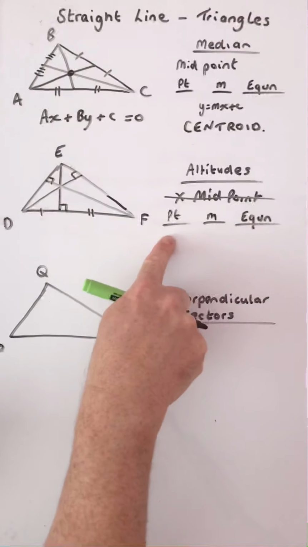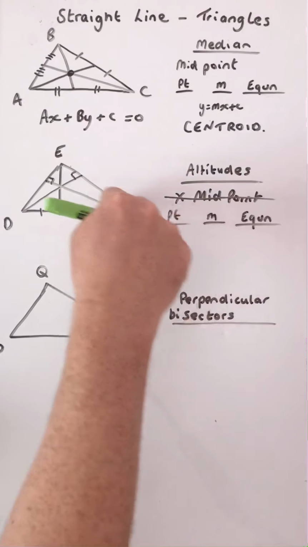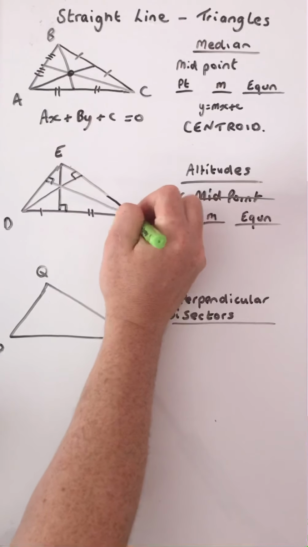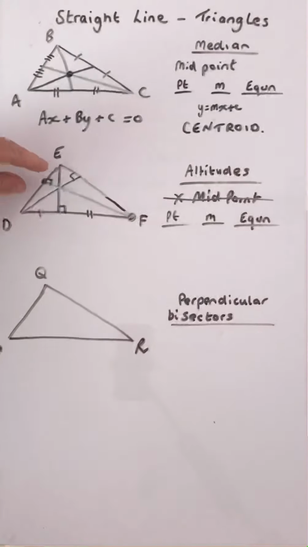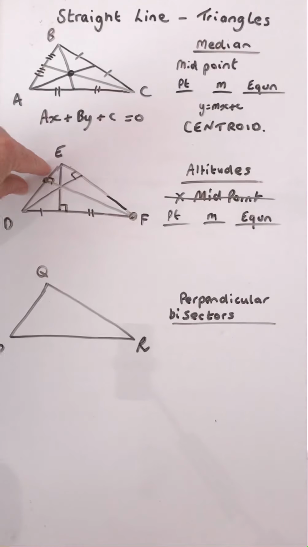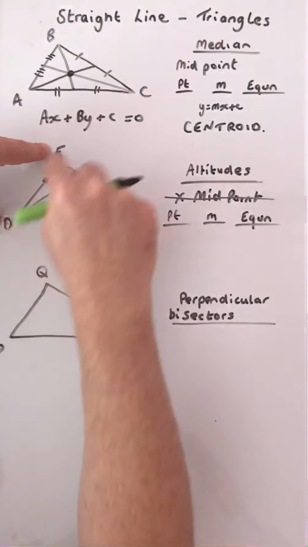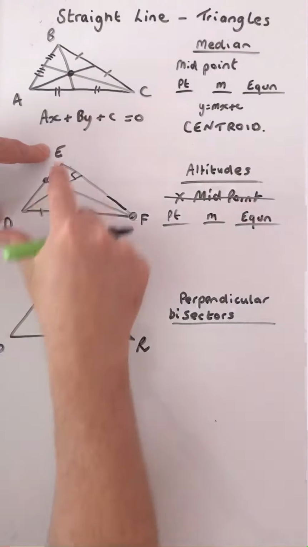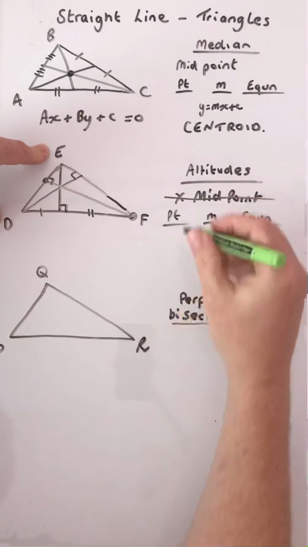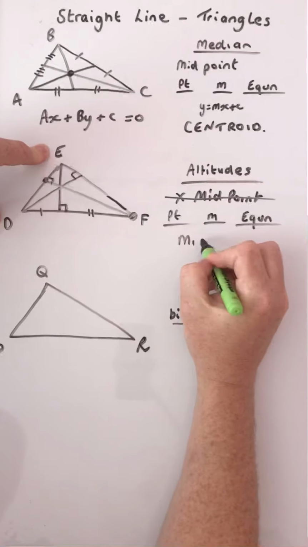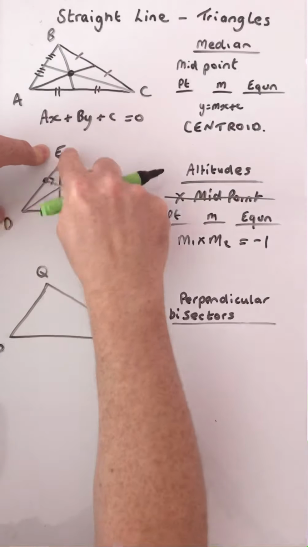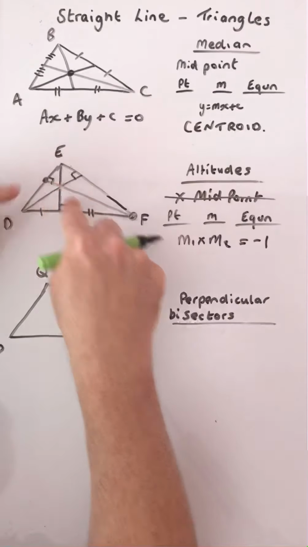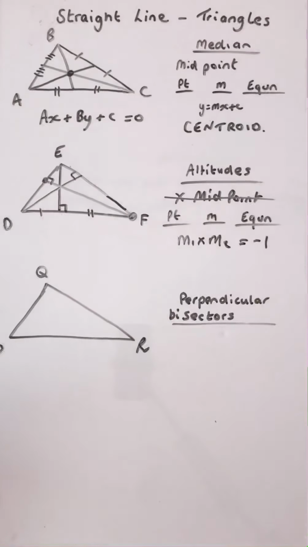What points do you have? If you are finding the altitude from F, do you have F? You may not have the other point because it's not a median, so it's not a midpoint. Do you have DE? If you have coordinate points D and E, you can find the gradient of DE, and the product of the gradient for DE and the altitude, because they meet at 90 degrees, will be -1.